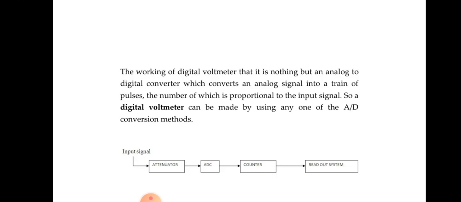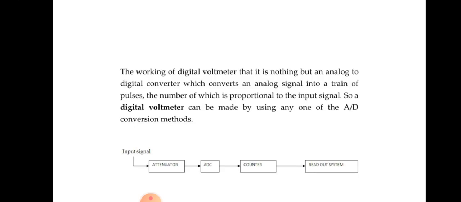The digital voltmeter is nothing but an analog to digital converter which converts an analog signal into a train of pulses, the number of which is proportional to the input signal. So a digital voltmeter can be made by using any one of the A to D conversion methods.